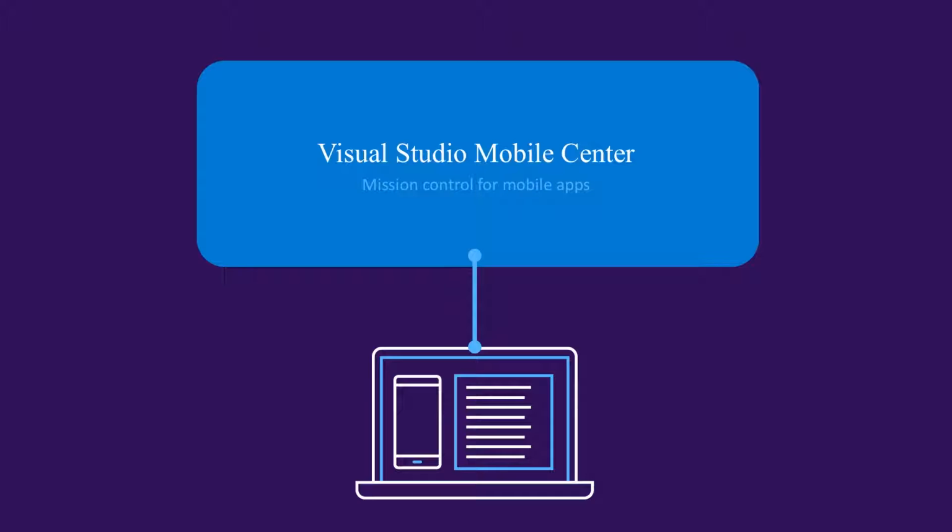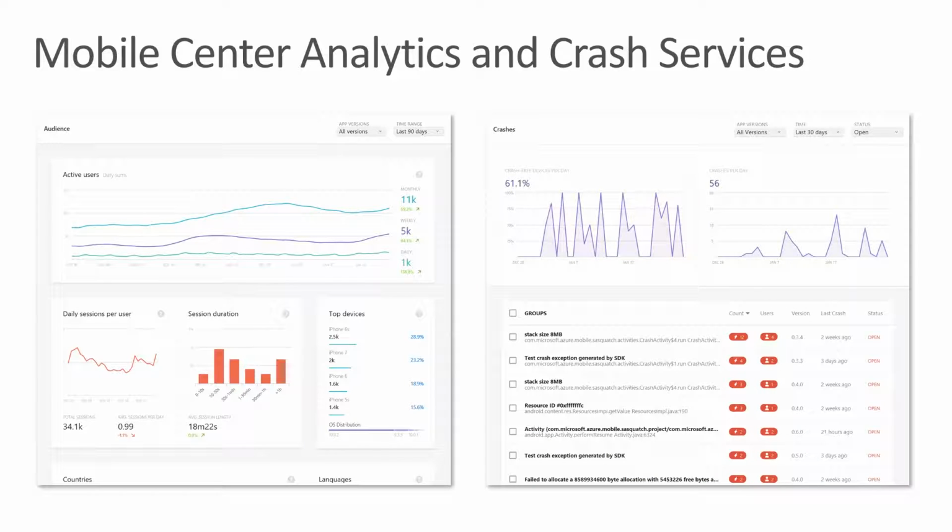Today, we will talk about two of these services: analytics and crash. Analytics lets you collect information about what's happening in the app, but also information about the devices themselves.